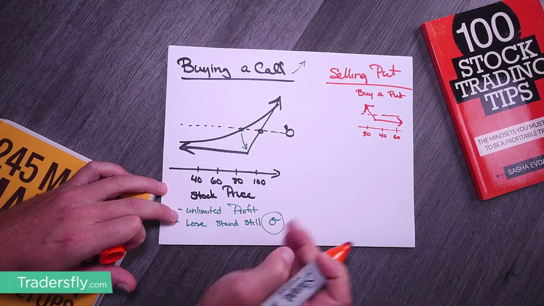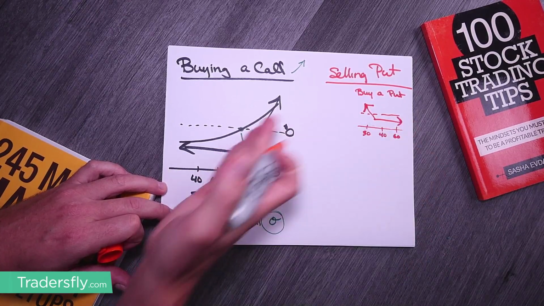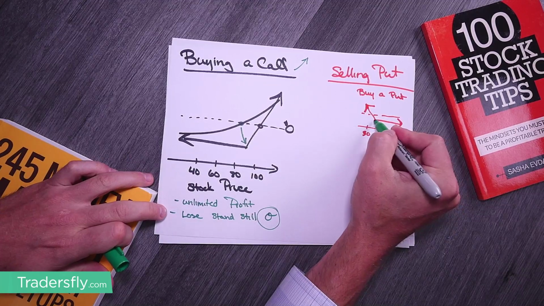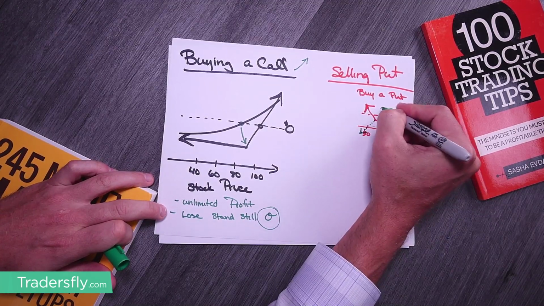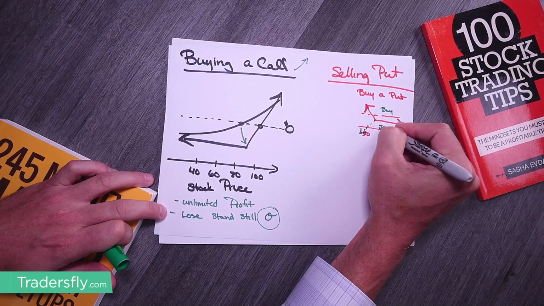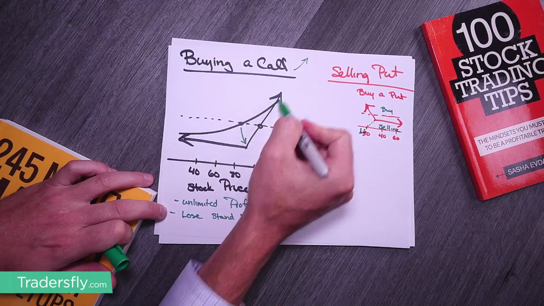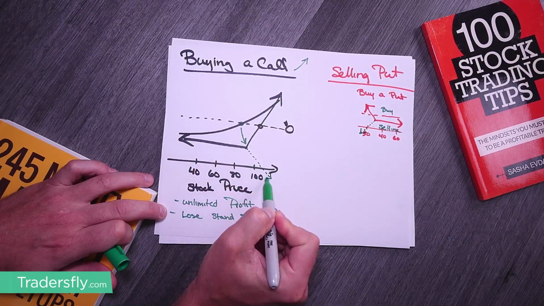You would think that when I sell a put, it would be kind of like buying a call, because wouldn't I make money as the stock goes up? But that's not the case, because the graph is flipped on you. It's going to flip this way. So this is buying a put, and this is selling a put. This is buying a call, and selling a call you would angle the other way.